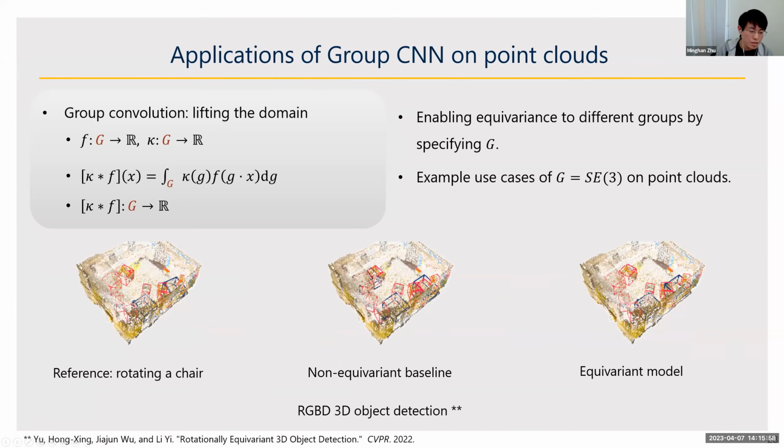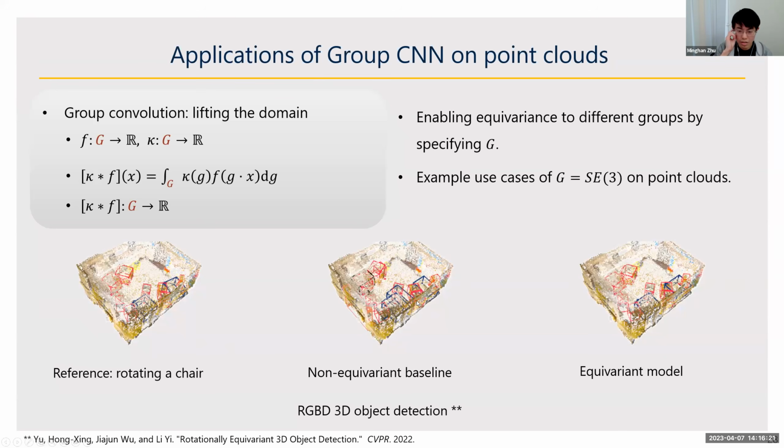And there is an even cooler demonstration on their website. This is also a work from another lab, which I found very interesting. Here, the reference on the left shows the ground truth bounding boxes and the chair that is rotated. For a non-equivariant baseline, the rotation will cause the network to be confused.